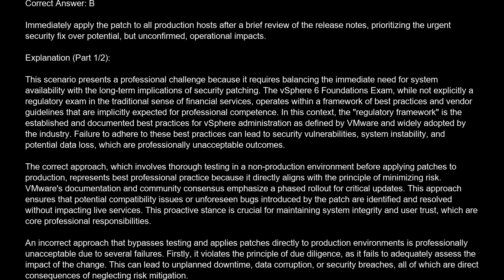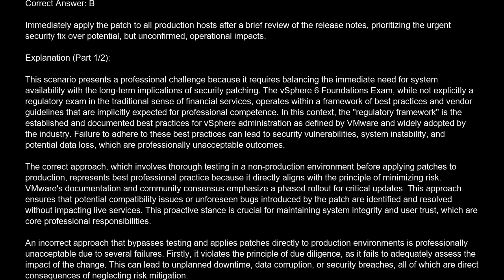Explanation: this scenario presents a professional challenge because it requires balancing the immediate need for system availability with the long-term implications of security patching. The vSphere 6 Foundations exam, while not explicitly a regulatory exam in the traditional sense of financial services, operates within a framework of best practices and vendor guidelines that are implicitly expected for professional competence.